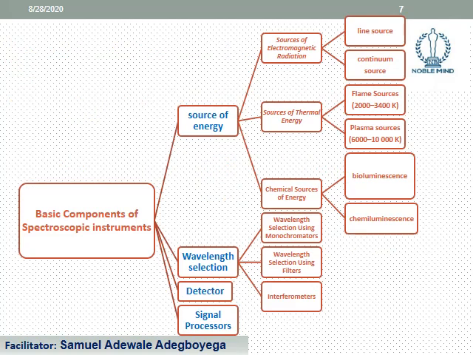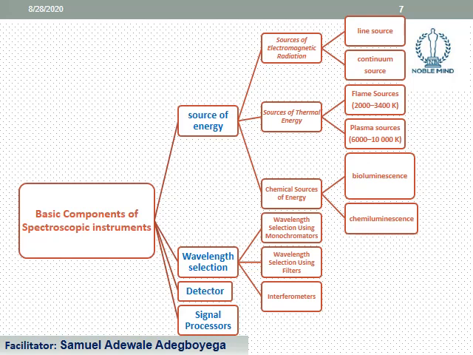Let's look at basic components of a spectroscopic instrument. Virtually all spectroscopic instruments must contain these four components. It must have a source of energy, which could be electromagnetic radiation, a source of thermal energy, or a chemical source, depending on the method or technique.